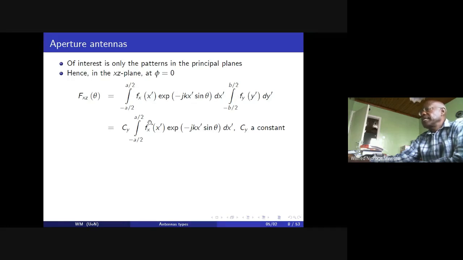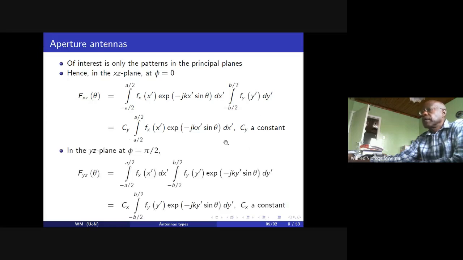Or we can write it as cy times the integral of the f of x, where cy is a constant, integrated with respect to y prime. In the YZ plane, at phi equal to pi by 2, we have a similar expression, and we get a function cx, which is just the integral of that value there.